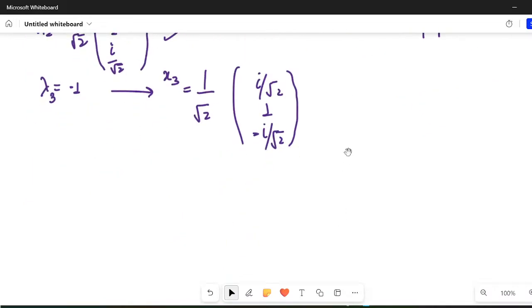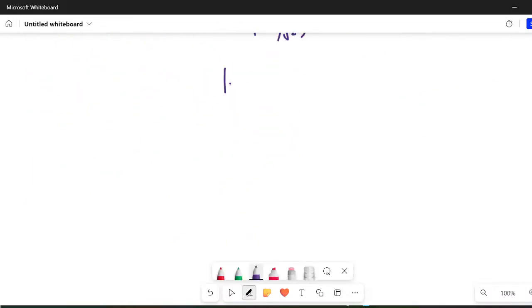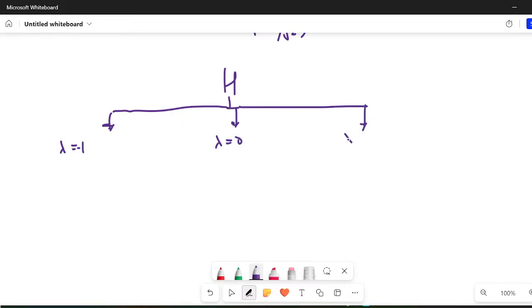So for the given Hermitian matrix H, we have 3 eigenvalues, that is lambda equal to 1, lambda equal to minus 1, lambda equal to 0, and lambda equal to 1. And corresponding to these 3 eigenvalues, we have the eigenvectors given by 1 upon root 2. I'm just verifying the theory for you.